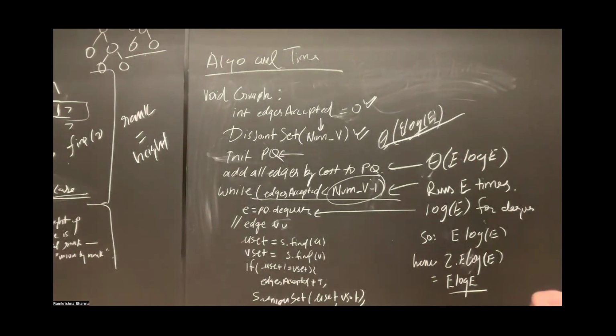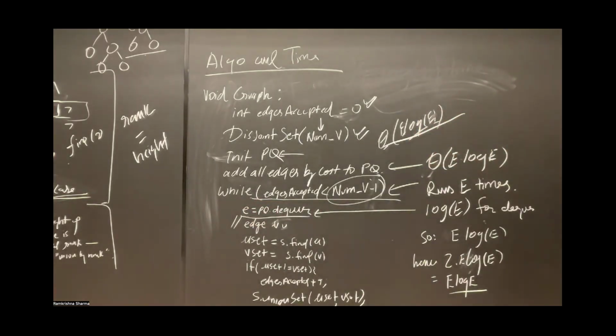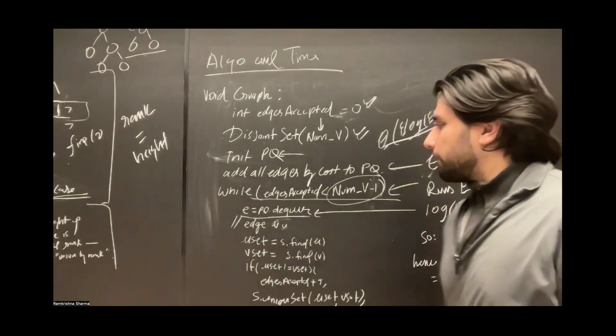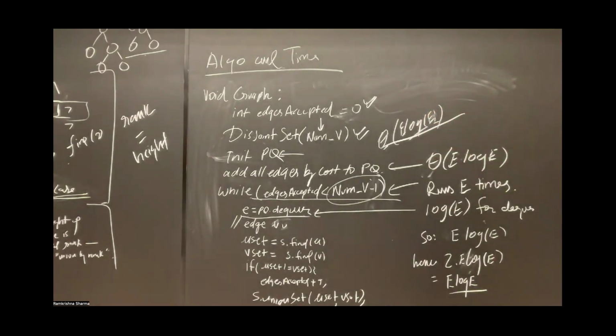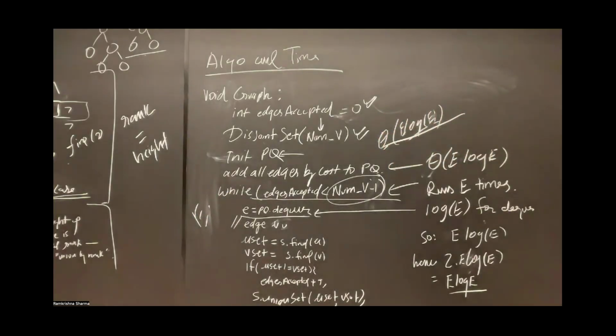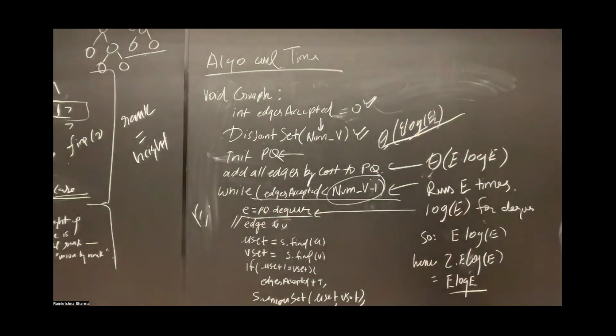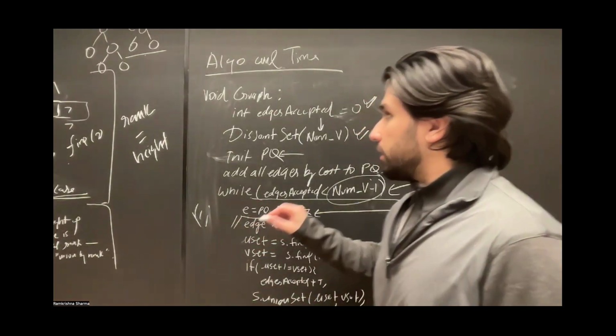Until that's true, we dequeue an edge, presumably the smallest, because that's at the top of the min heap. That's a log e time. By the way, the whole loop runs e times, so just keep that in mind. The whole loop runs e times, and we have a dequeue here, so that's already an e log e.